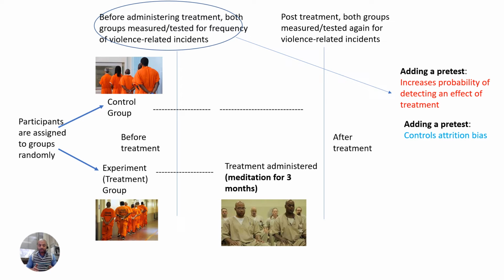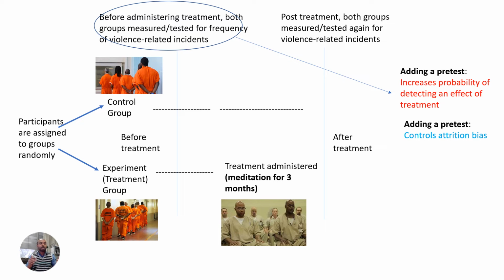Attrition bias is when, let's say after pretesting or after the baseline data is collected, you may lose some of the participants. They will not complete the treatment, or they may not do the follow-up survey, that is the after treatment survey. Now when you lose some of the participants, you don't want to be scrambling for baseline data.